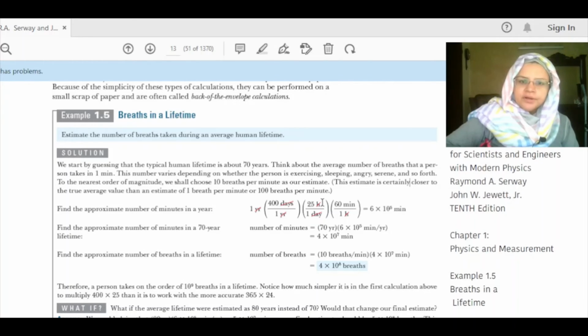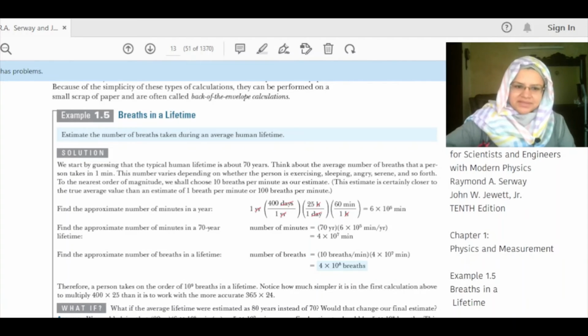We'll get 400 times 25 hours. To convert it into minutes, we know that 1 hour has 60 minutes. We'll place hour in the denominator and multiply it by 60 minutes, giving us the answer of 400 times 25 times 60 minutes, that is equal to 6 times 10 raised to power 5 minutes.